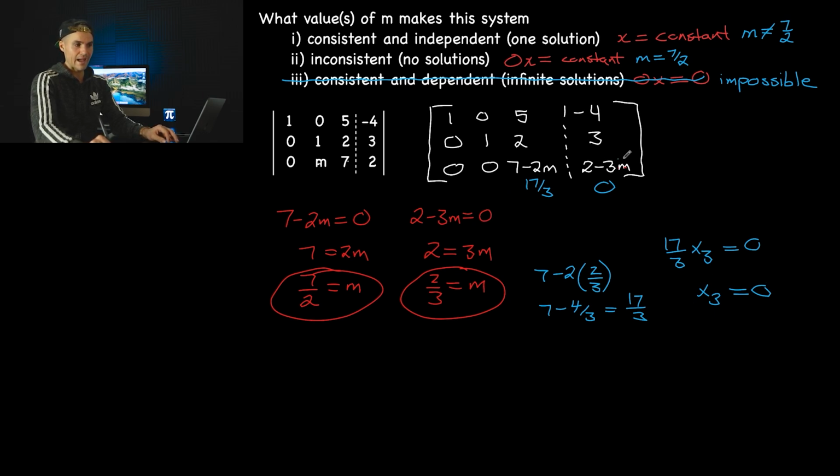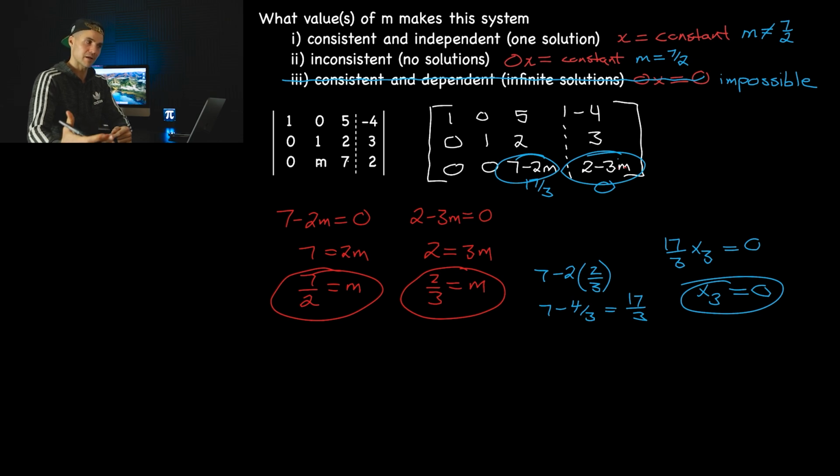Okay, so you can have this being a 0 here, and if this is some kind of other constant, then the solution is consistent and independent, right? There is going to be a solution, and in that particular case where m would be 2 over 3, the x3 would be 0. And then any other value, other than 7 over 2, you're going to get some kind of constant here, which again is going to give us some kind of solution for x3.